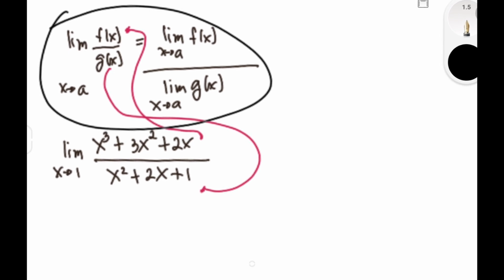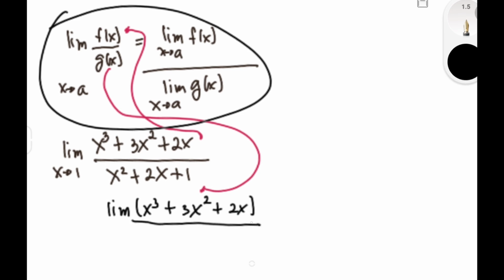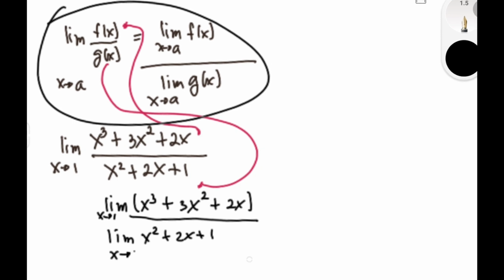So therefore we'll have a value equal to the limit of x cubed plus 3x squared plus 2x as x approaches 1, divided by the limit of x squared plus 2x plus 1 as x approaches 1.